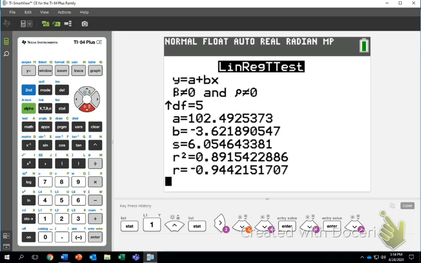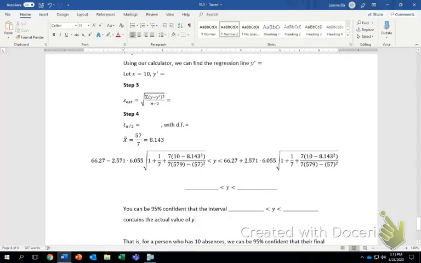So first things first, I'm just going to write down my linear regression line. So here we are back at our page. So we're going to copy down our linear regression line, which is going to be 102.493 minus 3.622x.